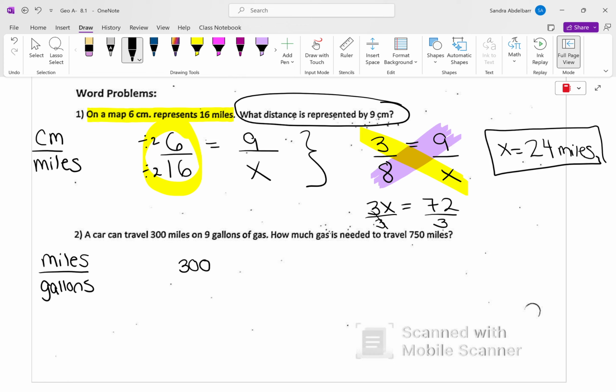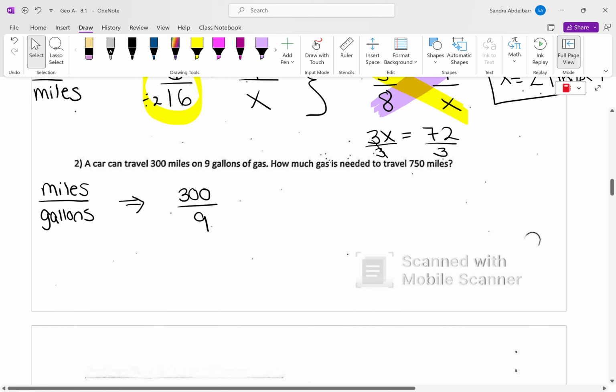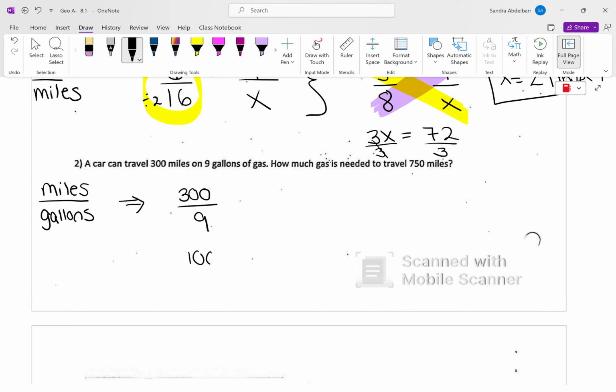So they're saying I can travel 300 miles on 9 gallons of gas. So it's 300 to 9. Before I do anything else, can I simplify this? Yeah, let's go ahead. We will divide by 3. So I'm going to get 100 over 3.